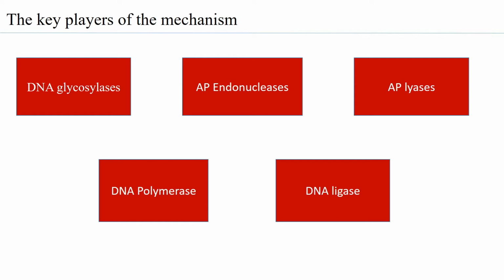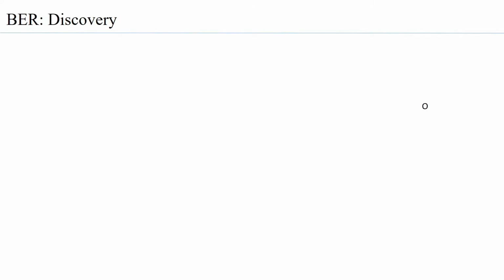So when we look at the mechanism, you would understand why one should have specifically apyrimidinic, apurinic endonucleases or lyases. One of course requires the DNA polymerase and the DNA ligase to finish the repair mechanism or to complete the repair mechanism. So let us just look at a little history on base excision repair.